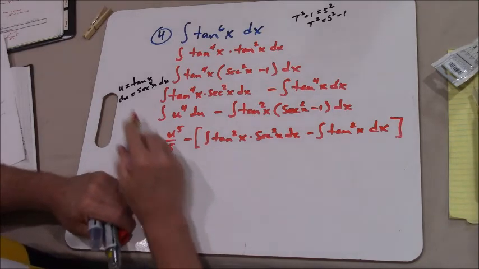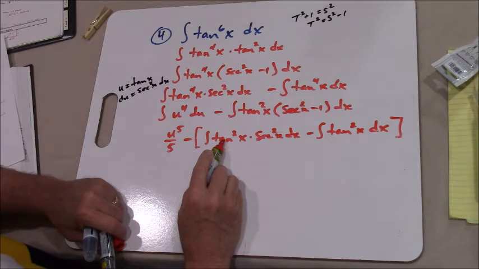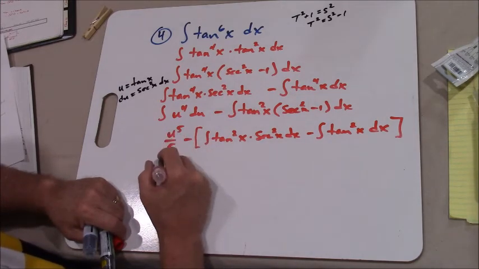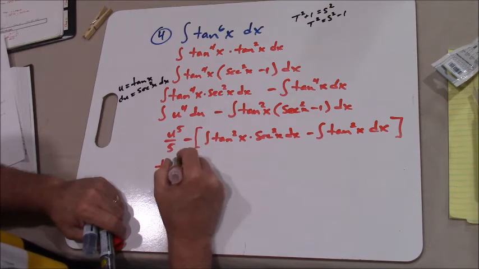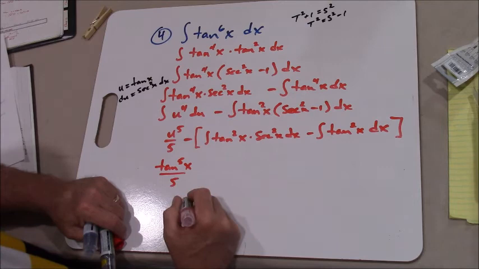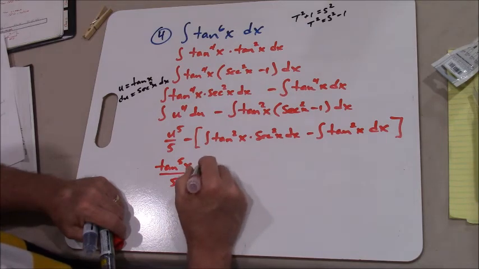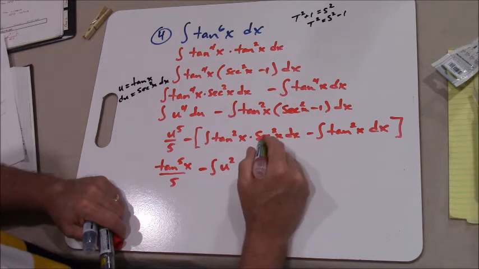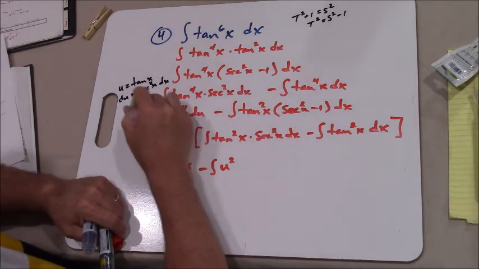And so again, we're going to let u equal tangent of x. So I'll go ahead and change this back now. This becomes tangent to the 5th of x over 5. This is going to be minus the integral of u squared, secant squared of x dx, that's our du.